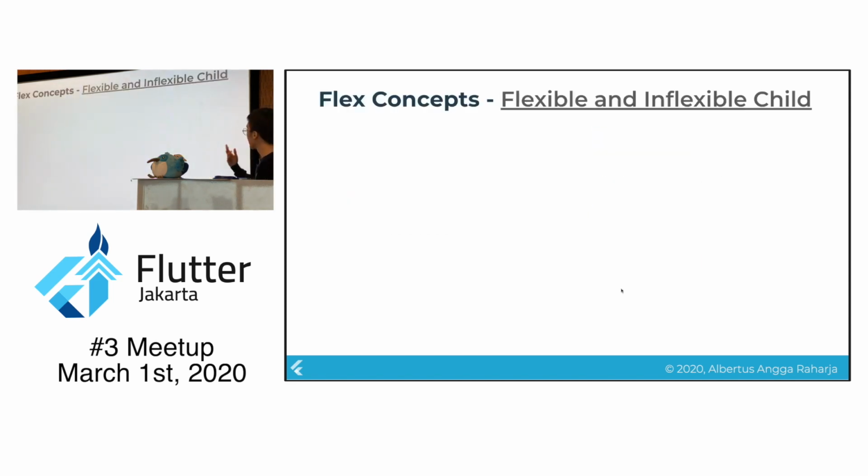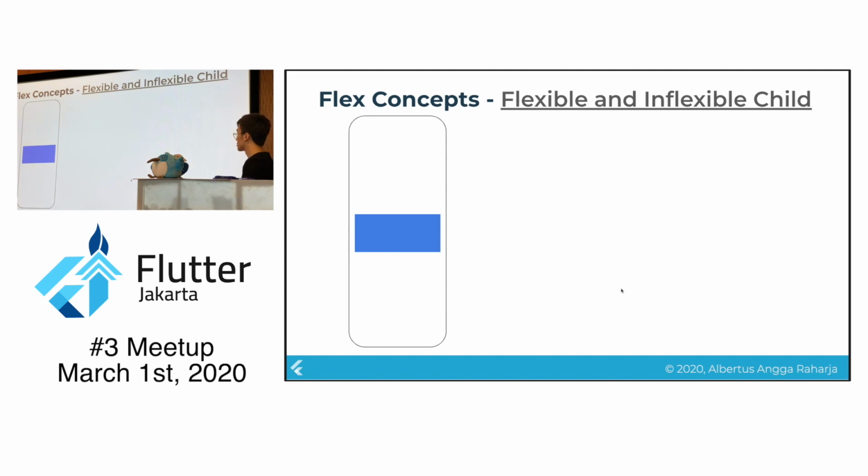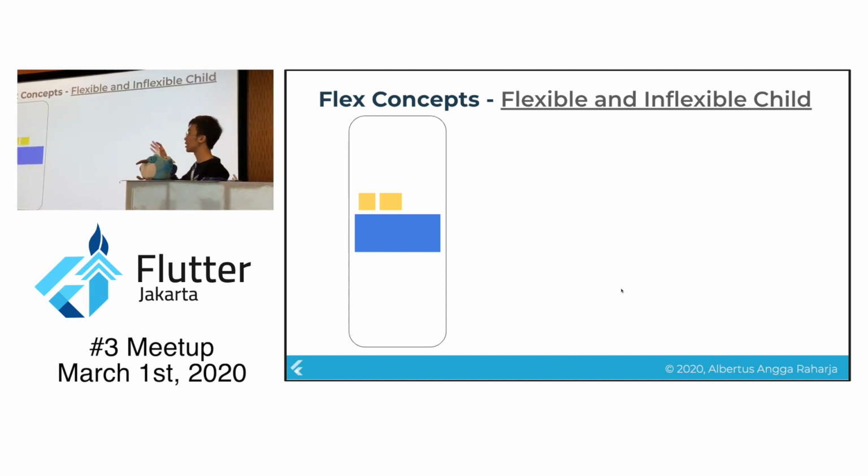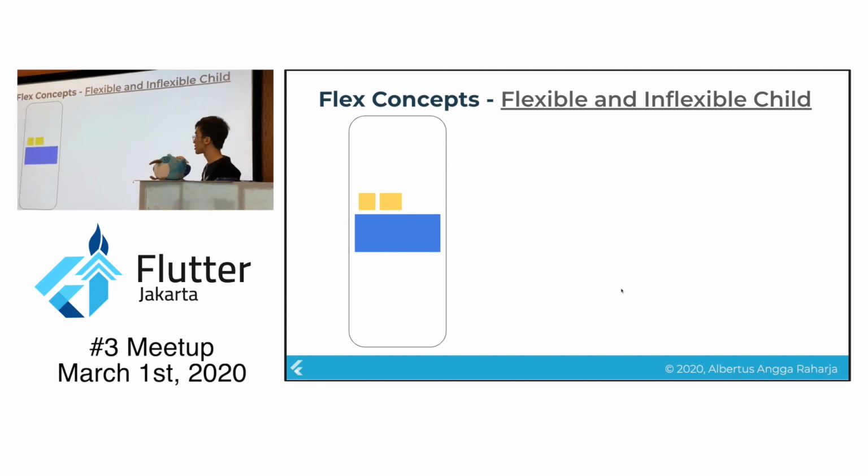So the next concept is flexible and inflexible child. Assume we have a screen. This is a row widget, and then we have three children. The first two children are inflexible. What does it mean by inflexible? An inflexible child is a child widget that doesn't have a flex factor set to it.